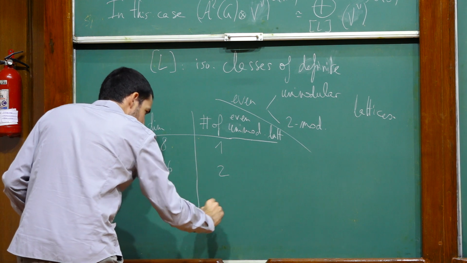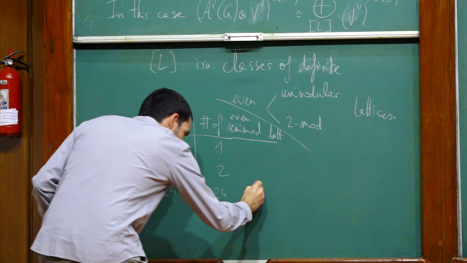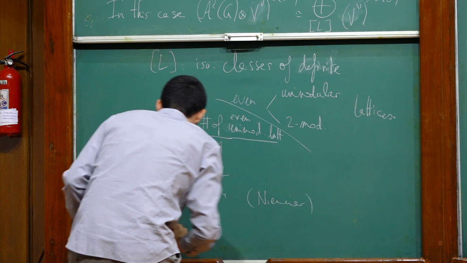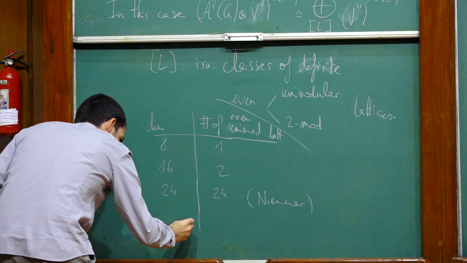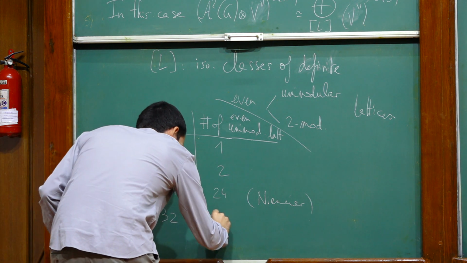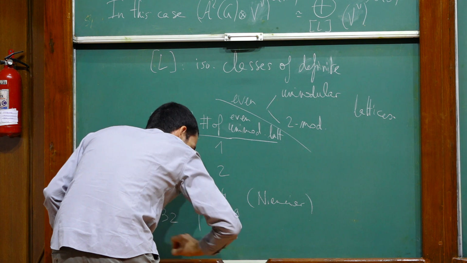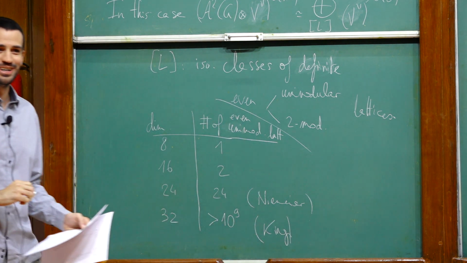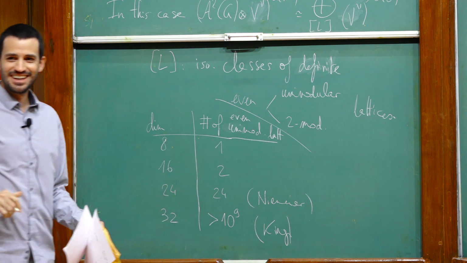In dimension 24, there are 24. It's classified by Niemeier. And in dimension 32, well, there are at least a billion lattices, so something is happening here.